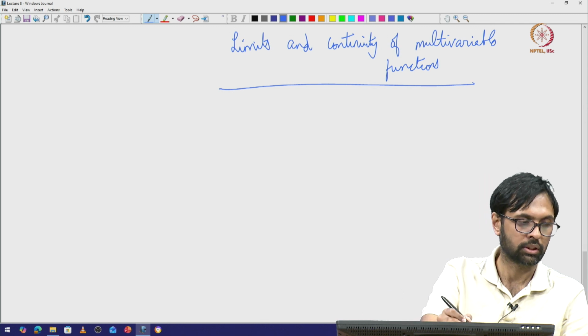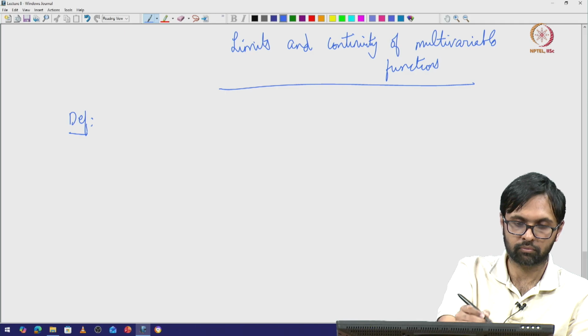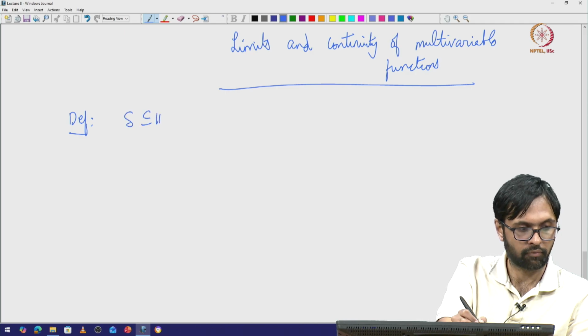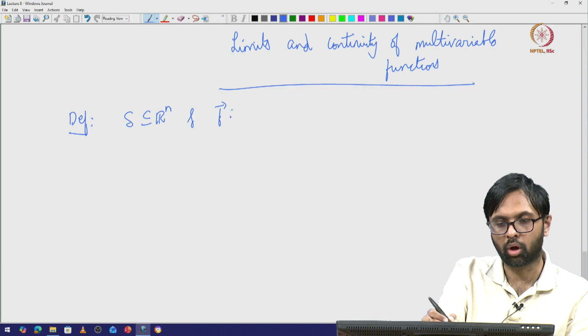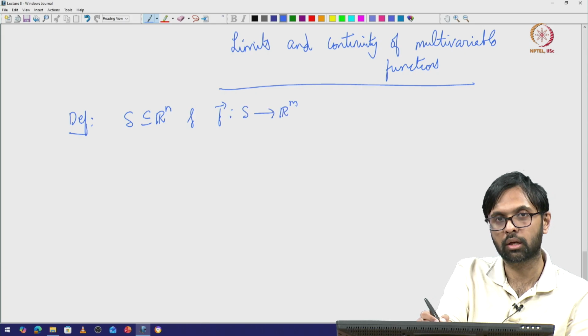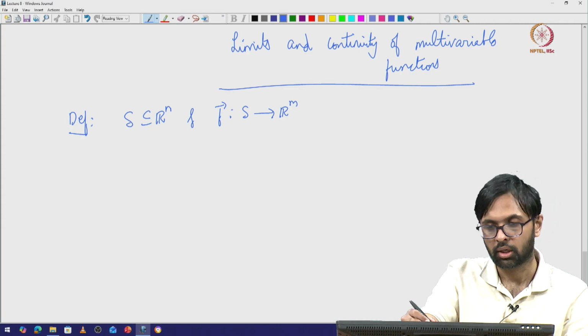Okay, so suppose S is a subset of Rn and F. I will not always put this vector valued symbol on top of a function. It could be vector valued even if I don't put the vector sign, but for the first few times I will put the vector symbol just so that we are all on the same page.